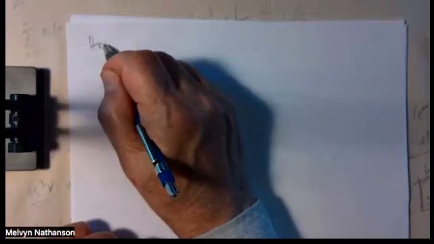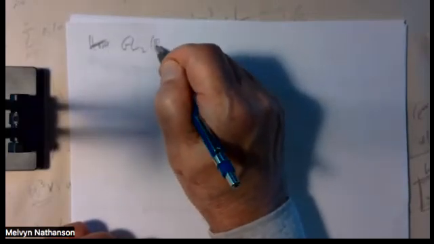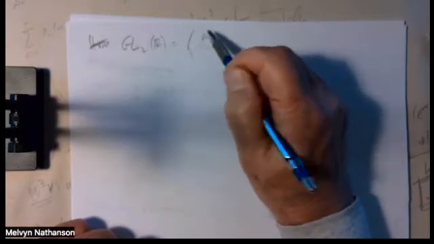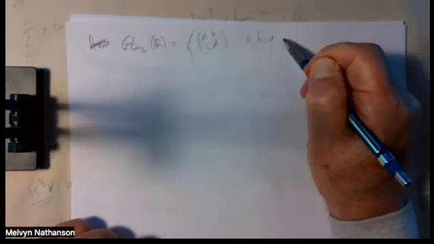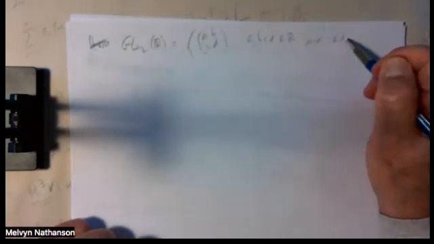Let's look at another example of a homomorphism. So suppose I take the group GL2R. This is the set of all 2 by 2 matrices a, b, c, d with a, b, c, and d real numbers, and ad minus bc different from 0.